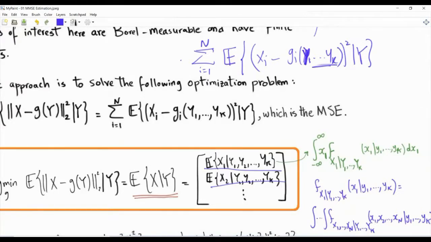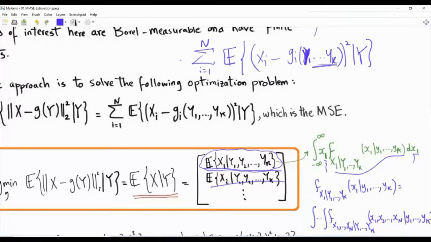And so if your random variables are jointly continuous, then this expectation means that it's an expected value for x1, but it is conditional, so you do not use the marginal distribution of x1. In fact, you use the conditional distribution of x1 given big Y1, big Y2 up to Yk. Okay, so this is this conditional expectation.